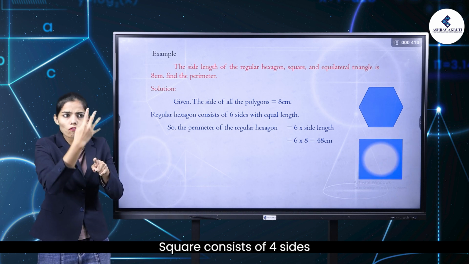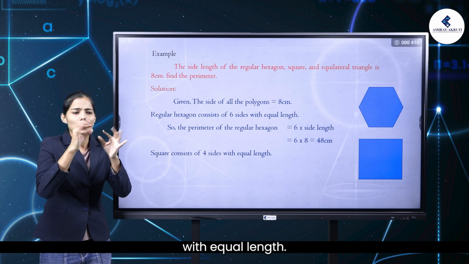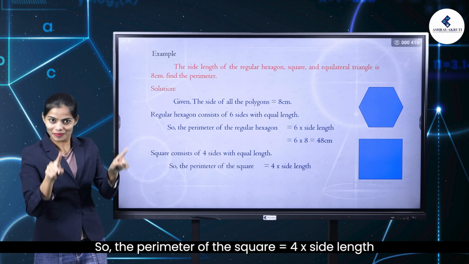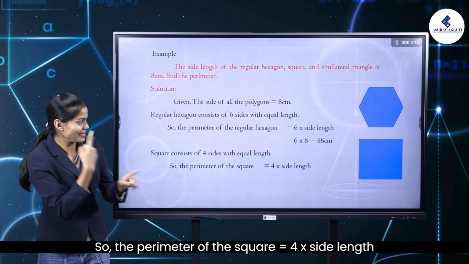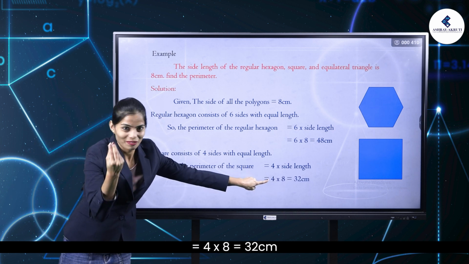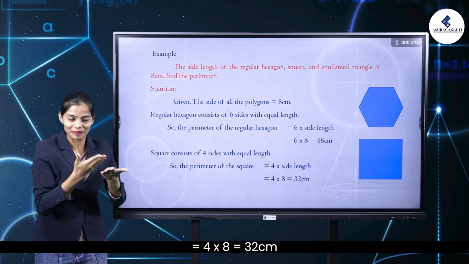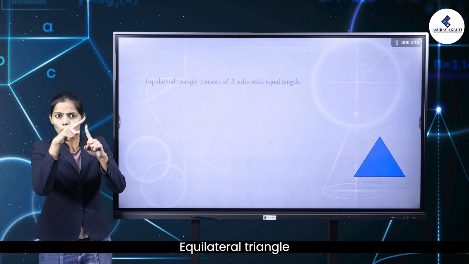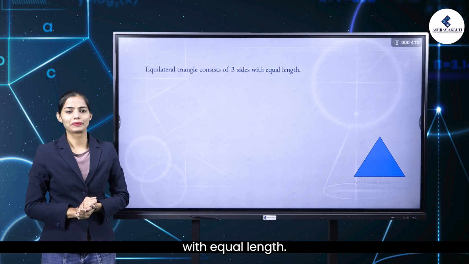Square consists of 4 sides with equal length. So, the perimeter of the square is equal to 4 into side length, is equal to 4 into 8, is equal to 32 cm. Equilateral triangle consists of 3 sides with equal length.